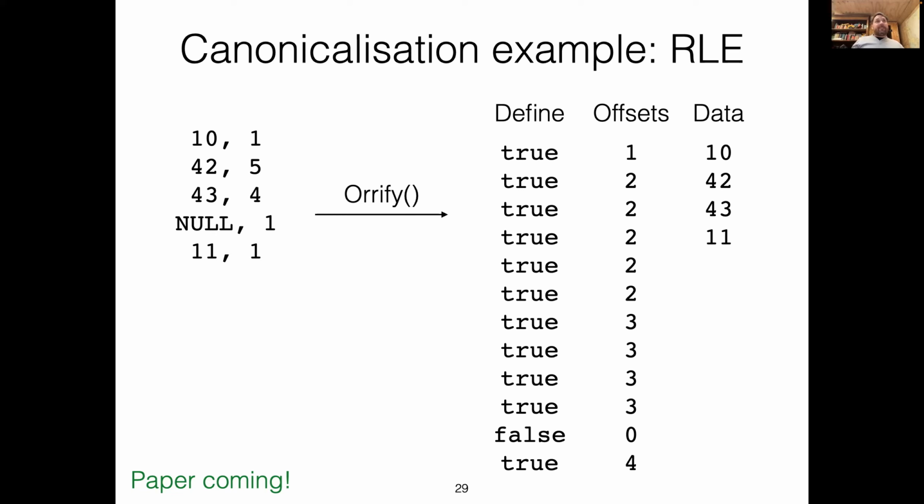You get offsets, which is the selection list into the data array. And then we have the data itself, which is just 10, 42, 43, 11. And this is quite cheap to do, and it allows you to deal with compressed execution in a vectorized format without having to deal with this code and implementation effort explosion, which is important if you're running a small data management company with 10 people and not Oracle.